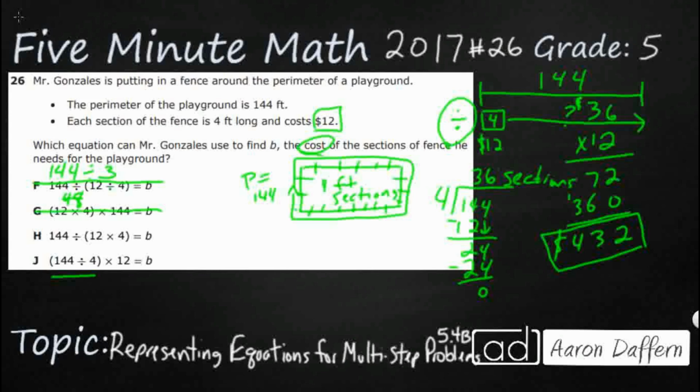We have 144 divided by, but then we're going to multiply the 12 times 4. That's going to get 48. So we're going to get 144 divided by 48, that will be exactly 3 each, and that doesn't help us. Really, it's this J, 144 divided by 4, multiplied by 12.